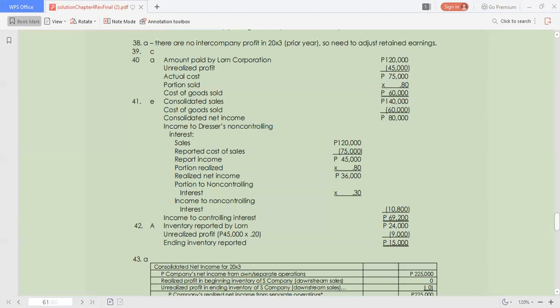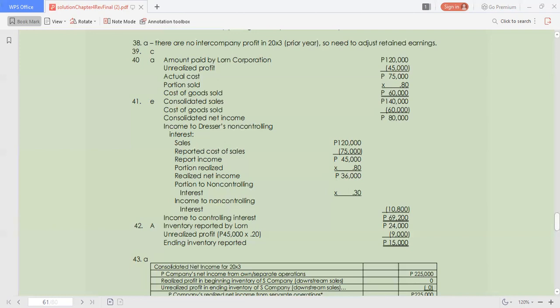Then the portion to the non-controlling interest is 30%, because the ownership of the parent is 70%. That is equal to 10,800. So the amount of the consolidated income assigned to the controlling interest is 69,200.